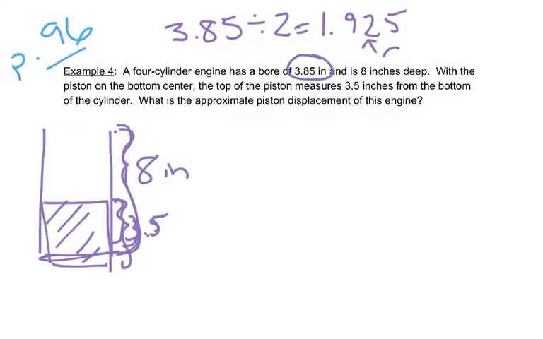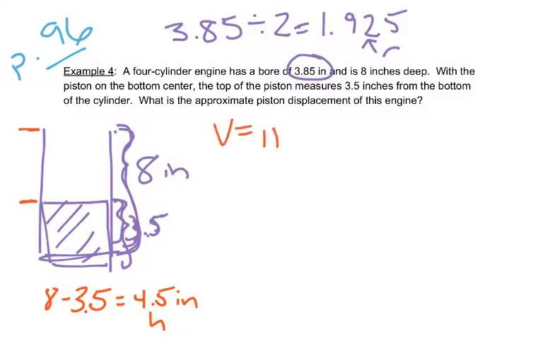And the idea with displacement is that it's the distance the top of the cylinder moves. So the cylinder isn't moving 8 inches. The stroke is not 8 inches. The stroke is the distance that it is moving, which would be 8 minus 3.5, which is 4.5 inches. So this is going to be our height, or our stroke.